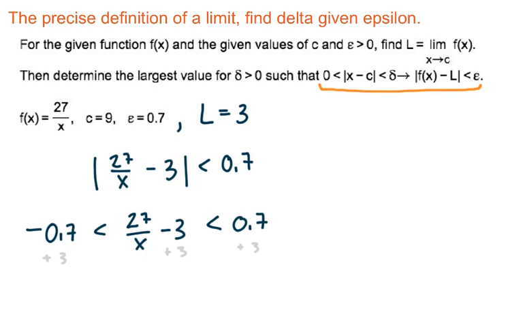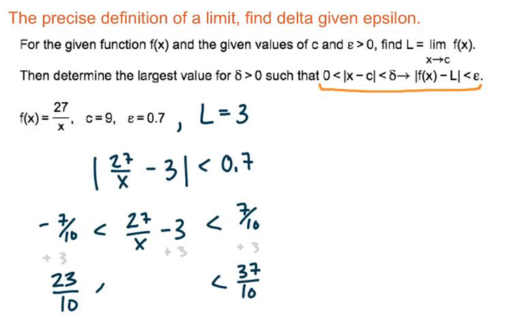So 0.7 is 7/10, and that might help us if we went ahead and changed that right here. If I've got negative 7/10 and positive 7/10. So 7/10 plus 3, which is 30/10, that gives me 37 over 10. And on the other side, 30/10 minus 7/10, that gives me 23 over 10.